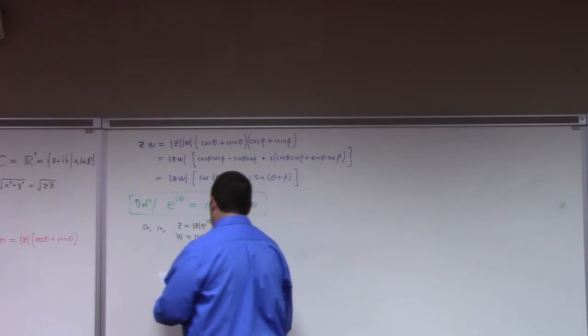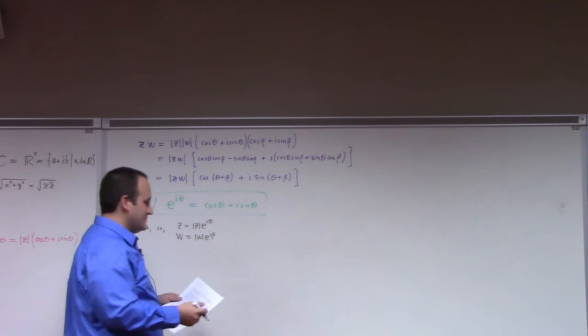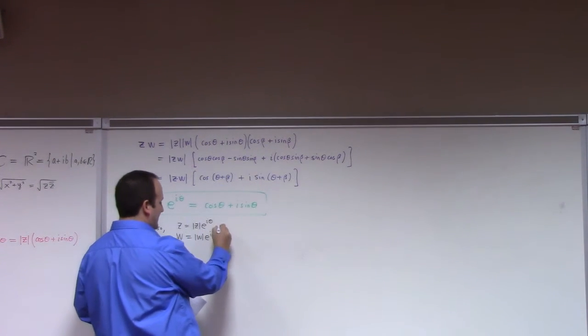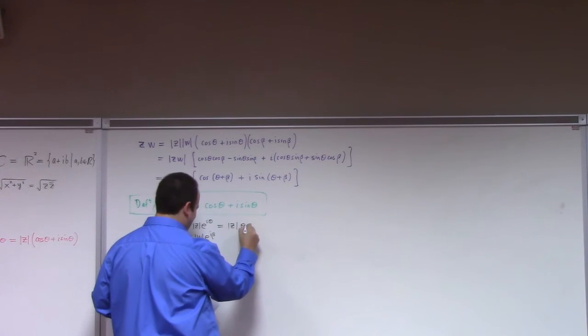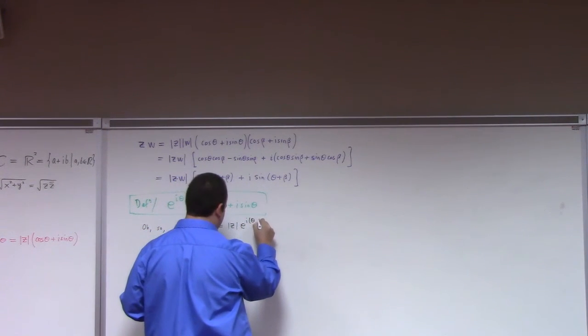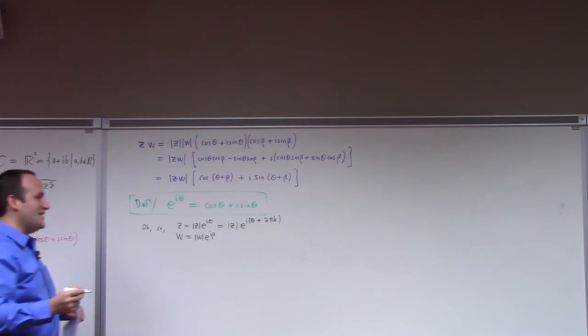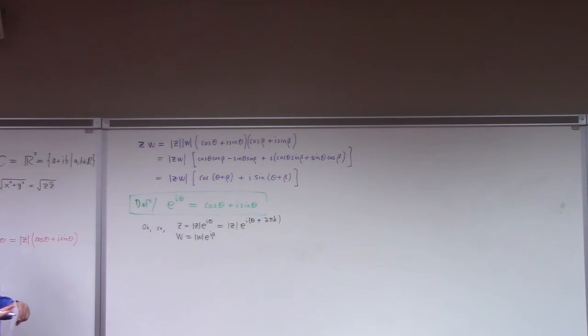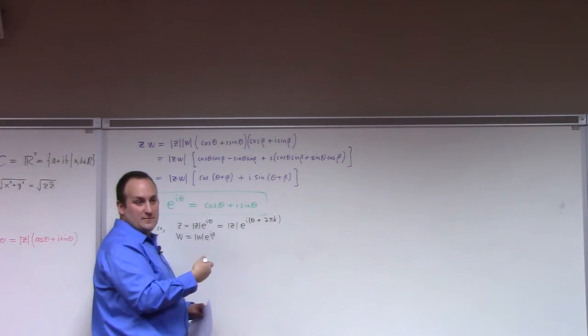It's the angle, right? Which angle, though? I mean, this is also equal to the one we're referring to. Theta plus 2 pi k. You see, these are equal. So which theta?